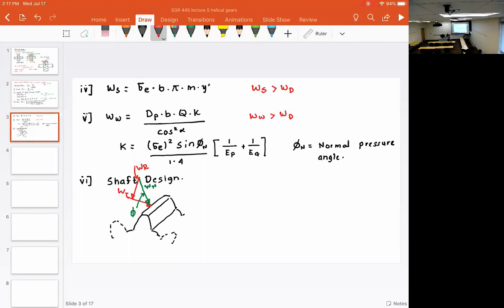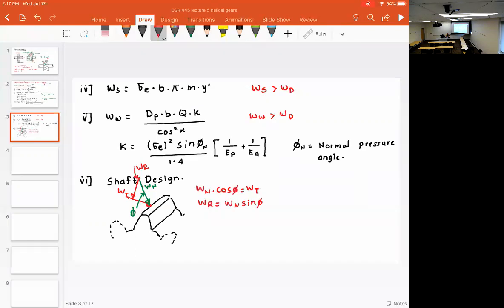And recollect, WN cosine of phi is equal to WT. So once we know WT, we can find out WN. And WR is equal to WN sine of phi.